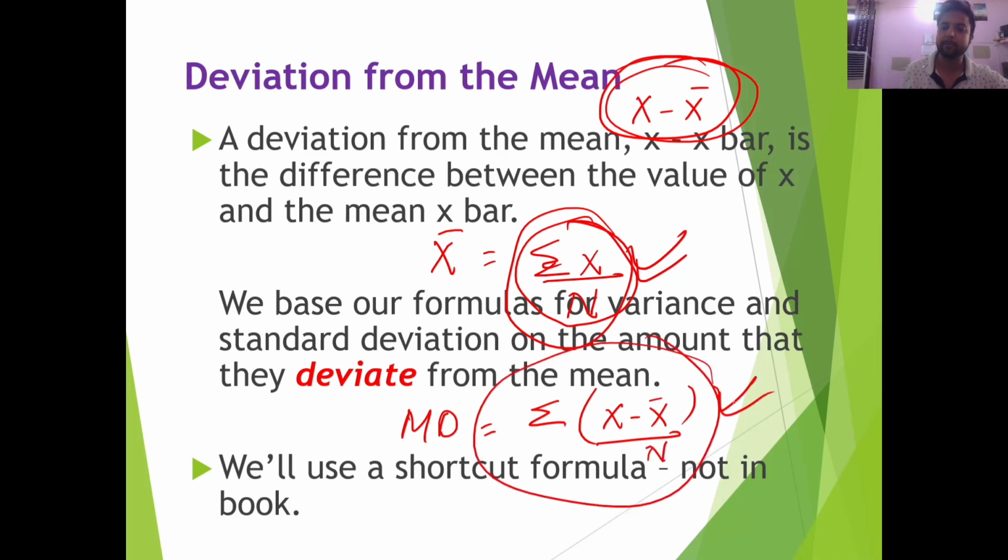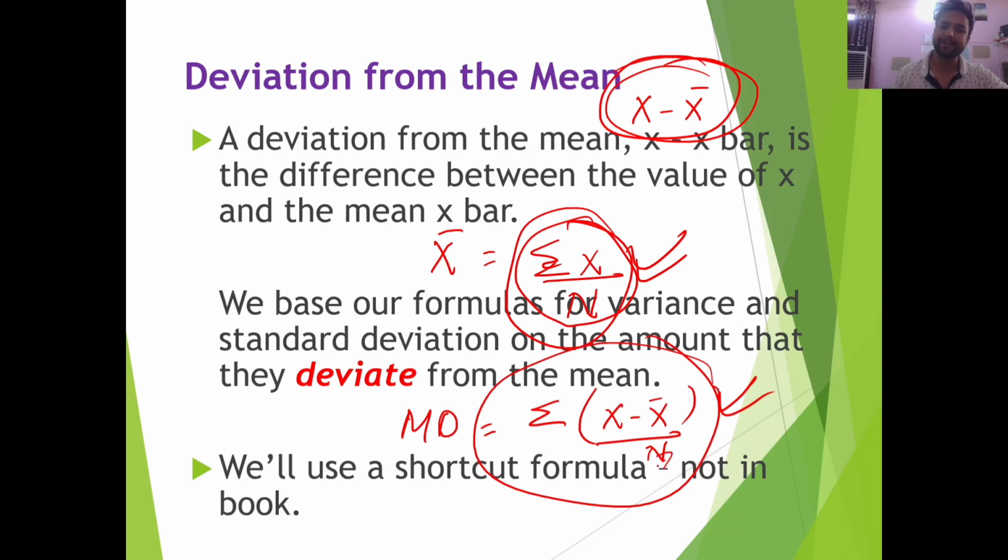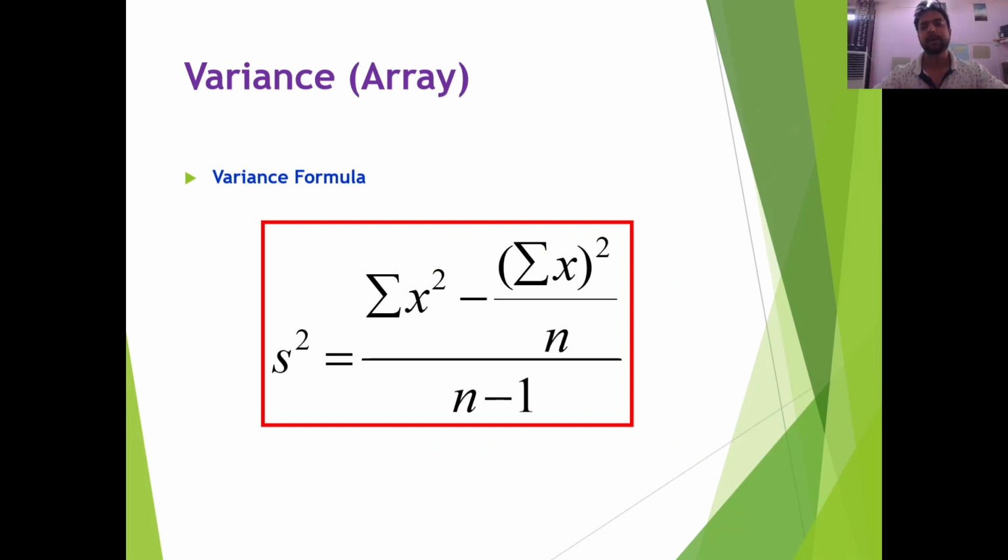But we know that dividing that by n will come out to be 0 only. One of the properties of the mean is that the summation of deviations will always come out to be 0, because some of the values will be lower than the mean, some will be higher than the mean, and they will neutralize each other. Some will show a positive sign, some will show a negative sign. That's how it is going to happen.